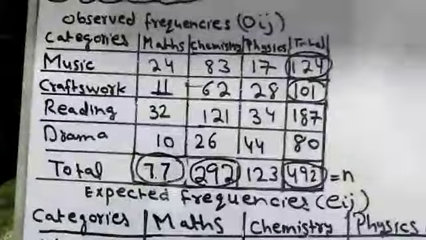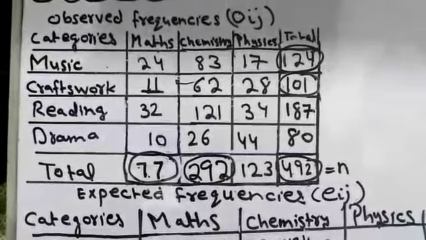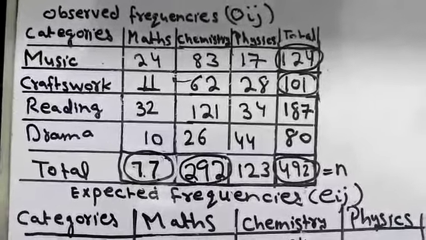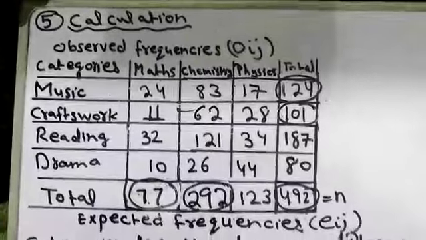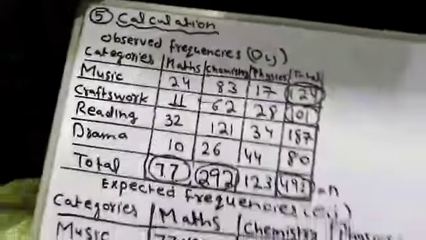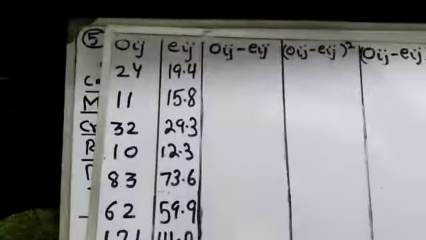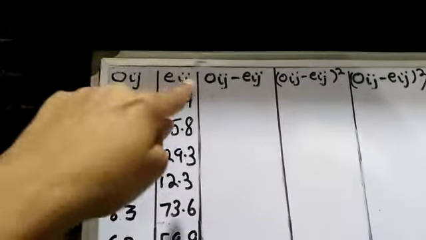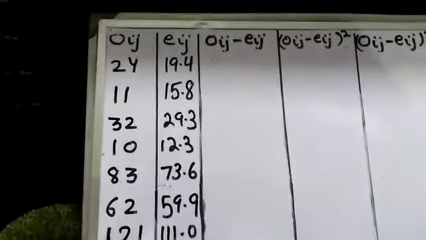When we have calculated expected frequency and we already have the observed frequency, we will proceed further. OIJ is the observed frequency and EIJ is the expected frequency.